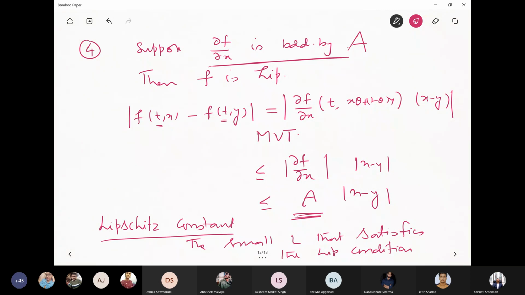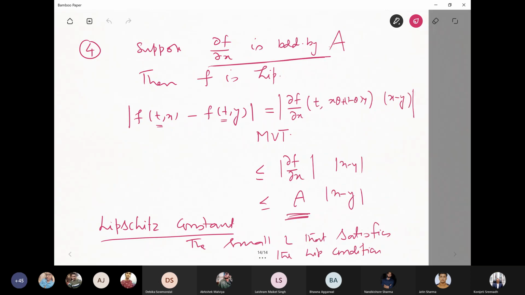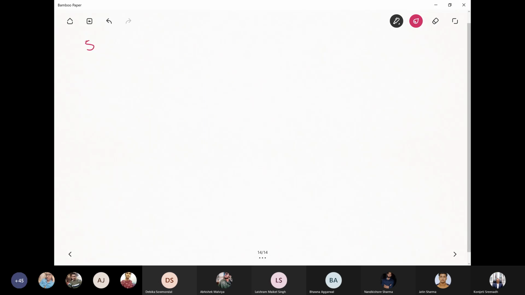Another interesting example I can tell you is a function in the form of a composition of two Lipschitz functions. Say I take f(x) equals exponential of y square.